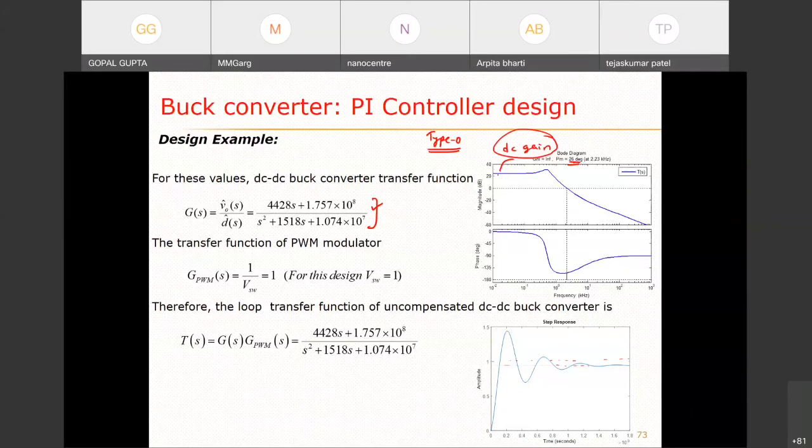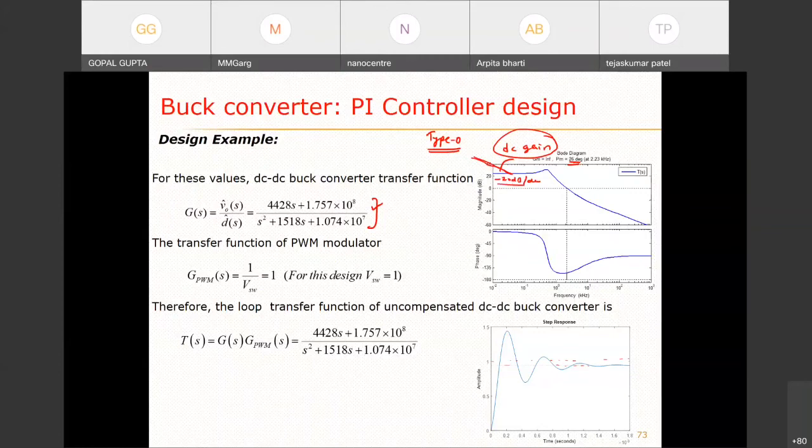And why this error is there, applying the step change, like DC gain in low frequency region, or constant gain in low frequency region.